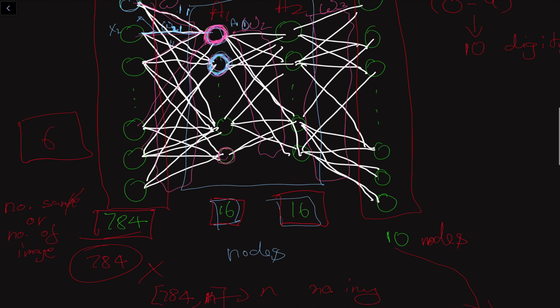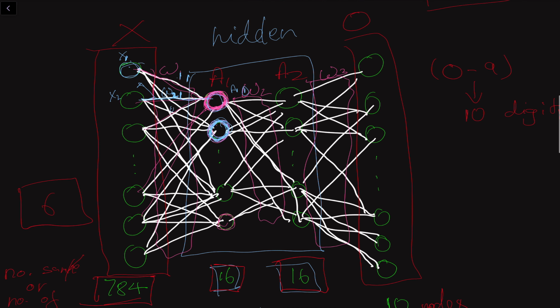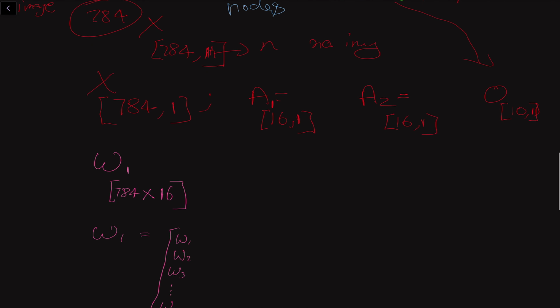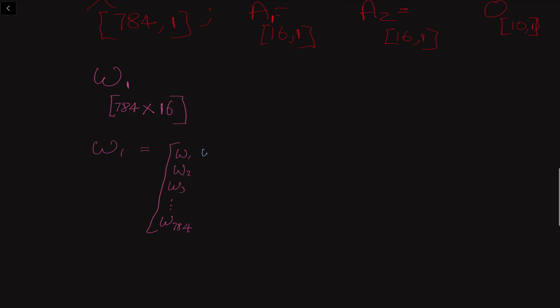So let's see. For the second node, it's connected to every single one, right? It's connected to all the nodes in the previous layer, and all of them are connected with weights. So W1, W2, W3, so on, W784, so on up to, this is for A11, the first node in the A layer. This is for the second node in the A layer, A1 layer, and so on.